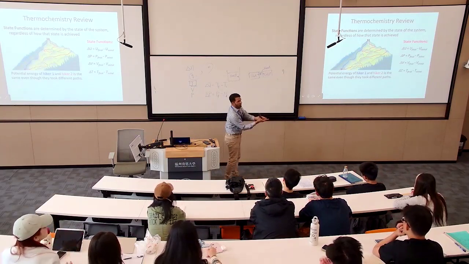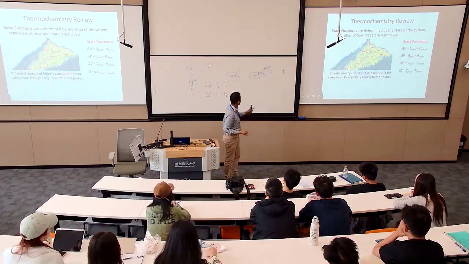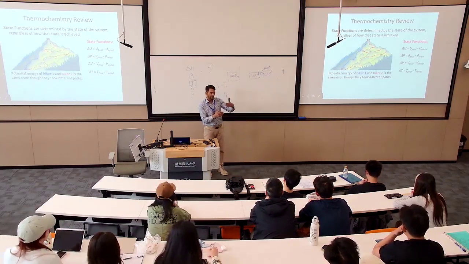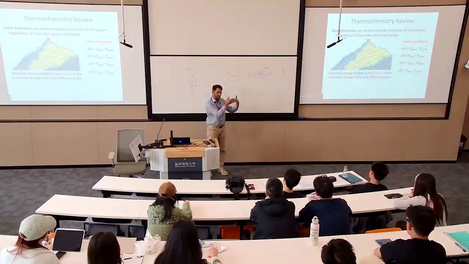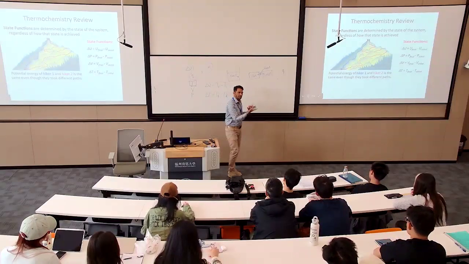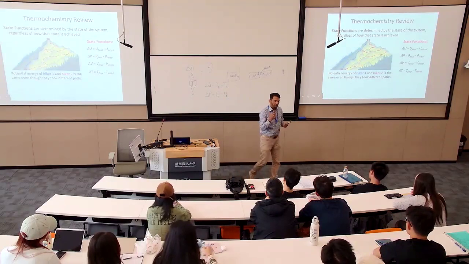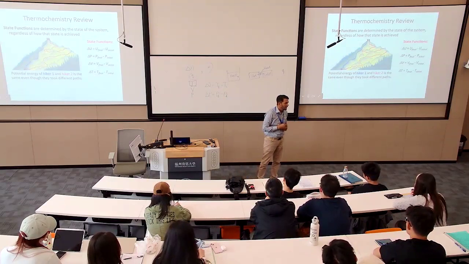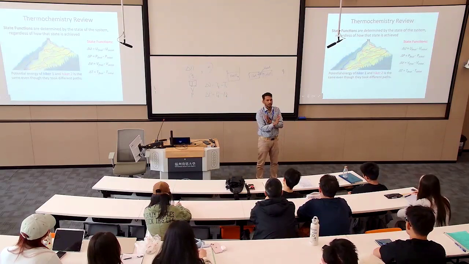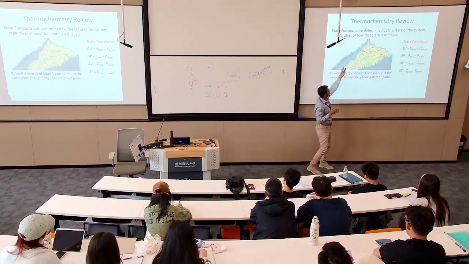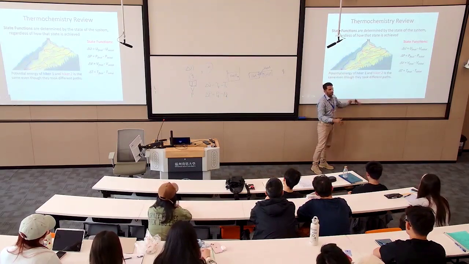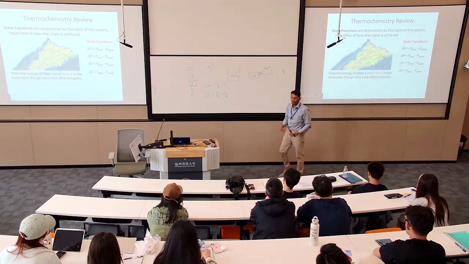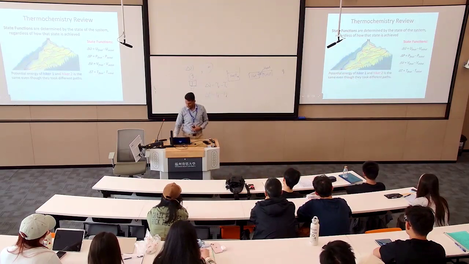It means if you change the way, the energy transfer is also changed. If I transfer energy through a conductor, heat can pass easily. If I pass the heat through an insulator, it cannot pass easily. So heat is a way to transfer energy. If you change the path, the transfer of energy is also changed. So they are not state functions.